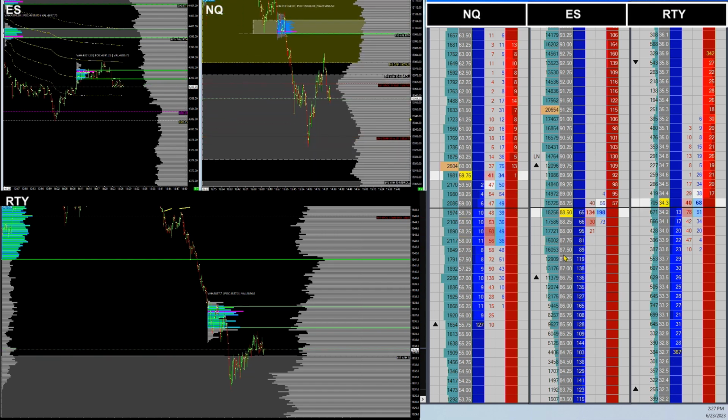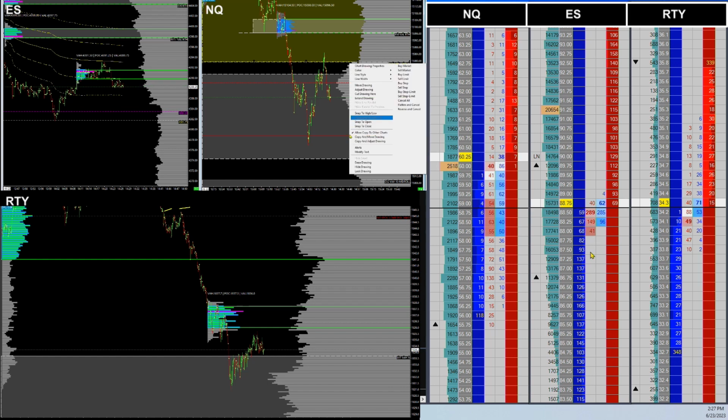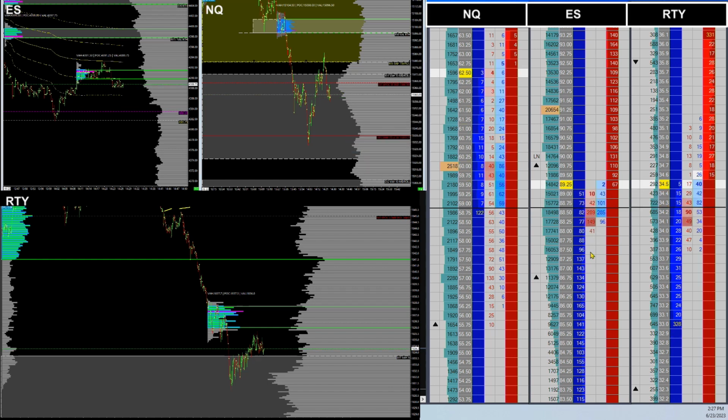The way NQ's trading, I think NQ's probably gonna go down. I keep saying it over and over. I think NQ's in a really fucking weird spot.